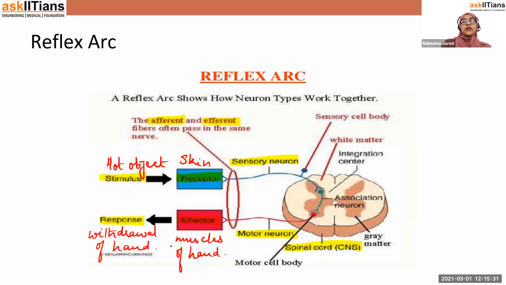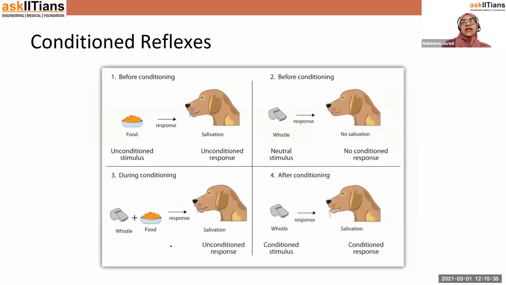Now there are two types of reflexes, again, according to whether learning is required or not. So apart from conditioned reflexes where learning is required, there are inborn or inherited reflexes also.